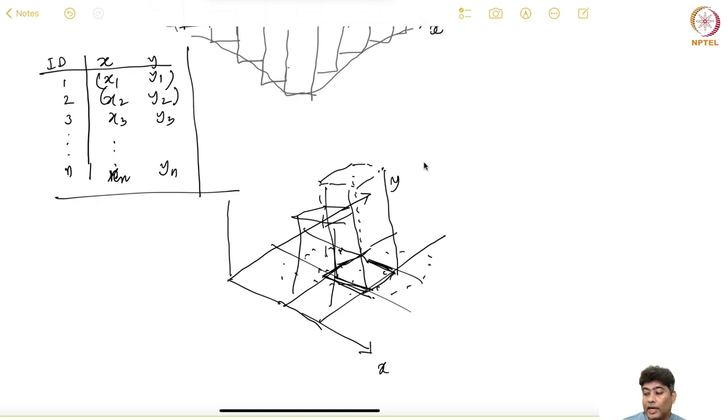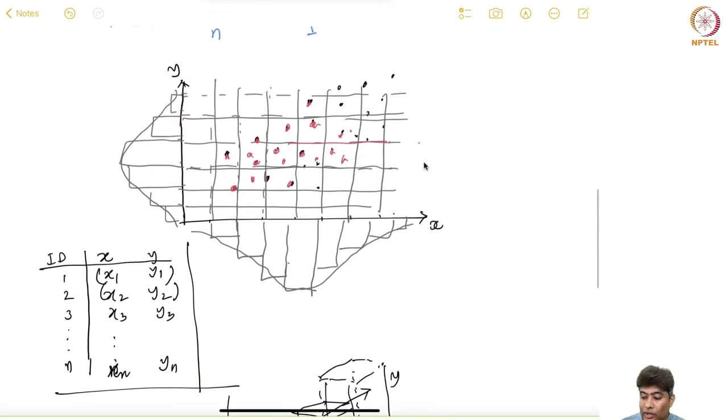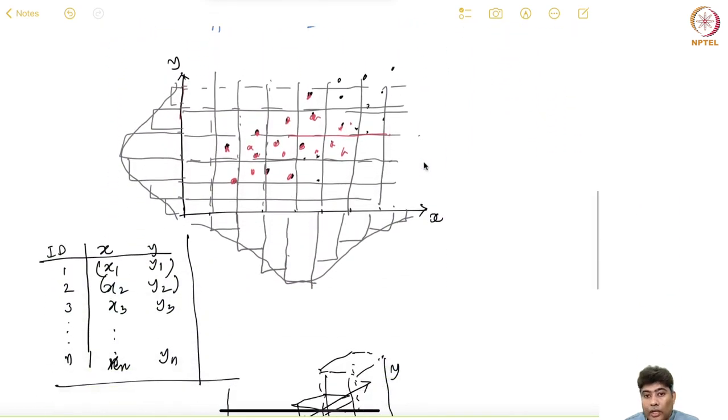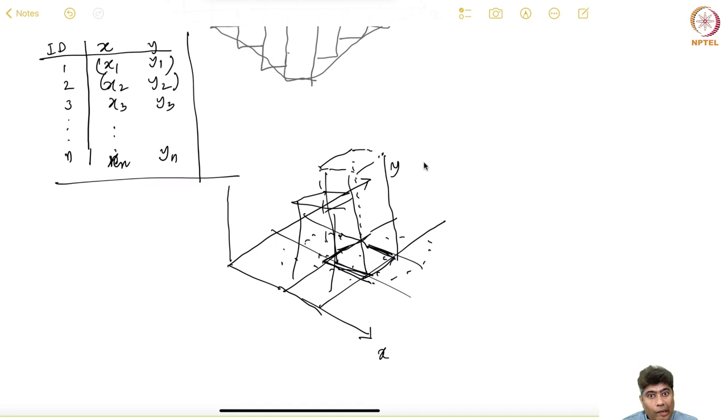In the univariate case, the probability was the area under the curve, but in the joint distribution, the volume of the building, as we can think of it, is our joint probability of x and y being in that box. We will continue on this in the next video.